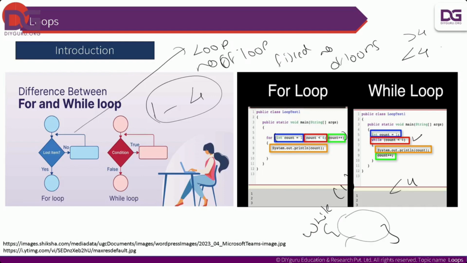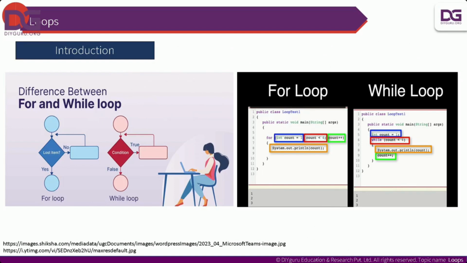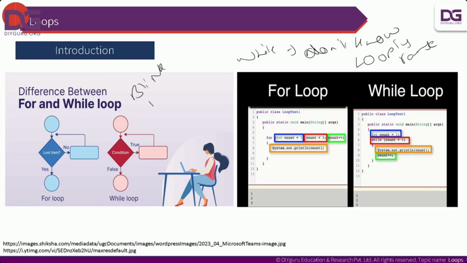So while can be used when we don't know the looping range. If I know the range, say I need to loop the program 10 times, say I need to blink an LED using a function for 10 times, that time I will use a for loop.